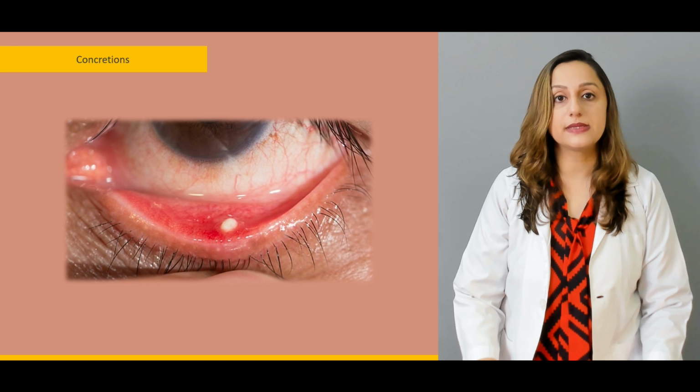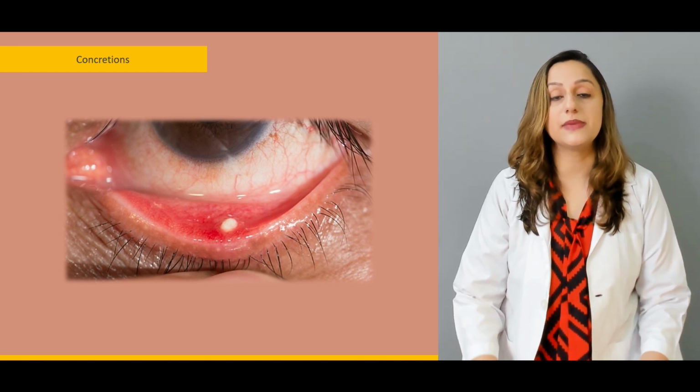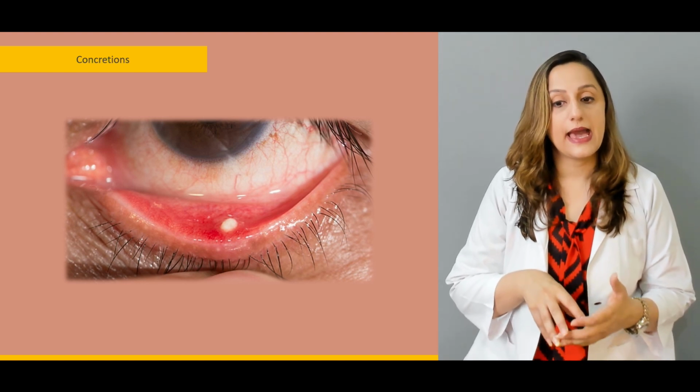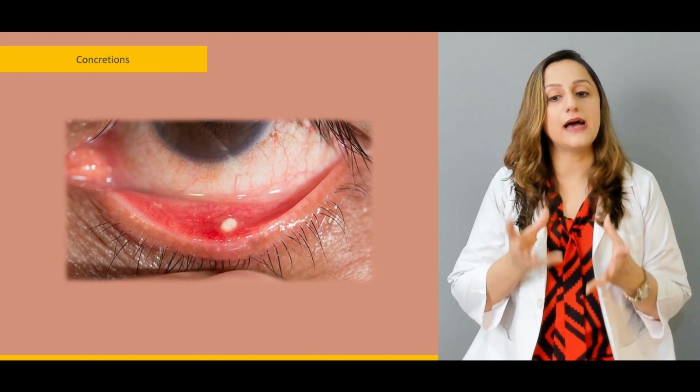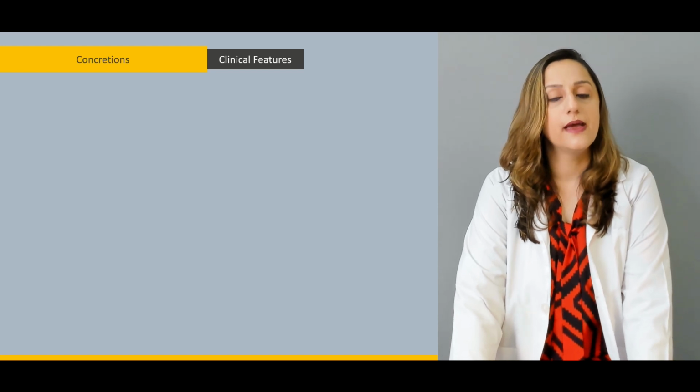The damaged epithelium and the debris get deposited into the loops of Henle, and the final outcome is these whitish yellow spots that appear on the bulbar, or are quite visible on the palpebral part of the conjunctiva.